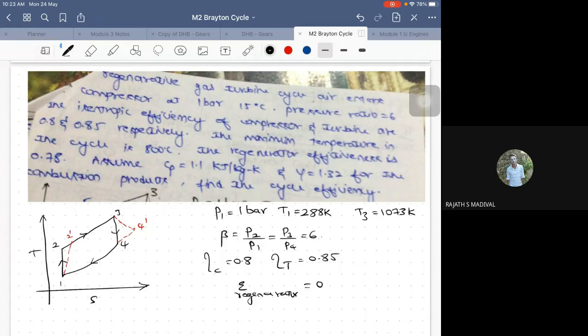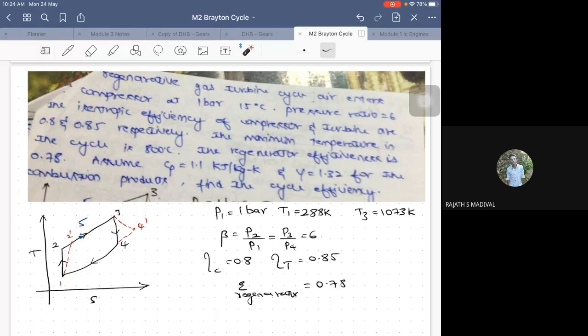Since he has specified that there is a regenerator in the system, there would be one more state point coming in the middle after 2 dash, which is 5. Getting it? What happens when a regenerator is specified? One more state point comes in the middle of the heat addition, which is state 5. Understood, everyone?